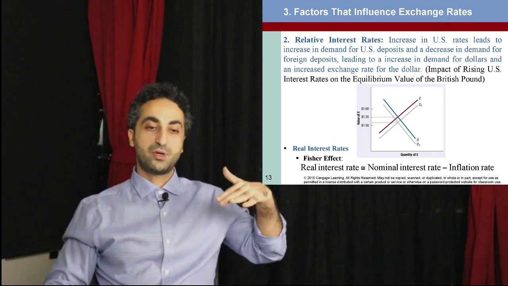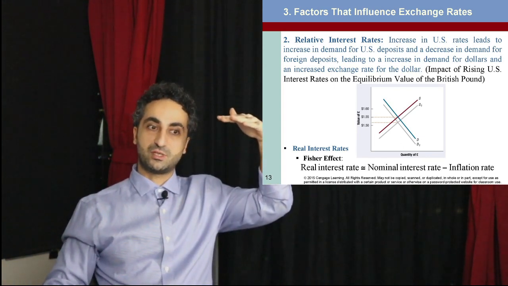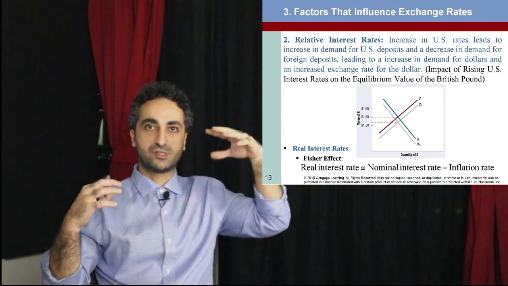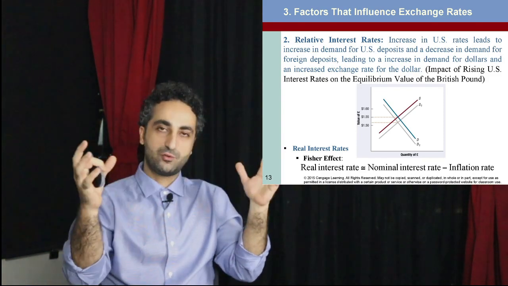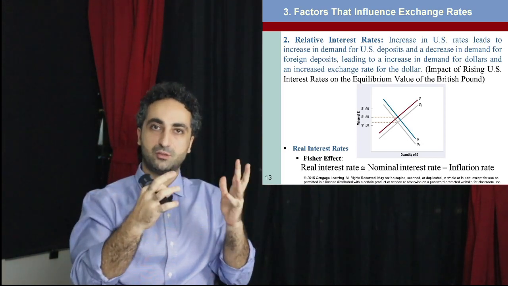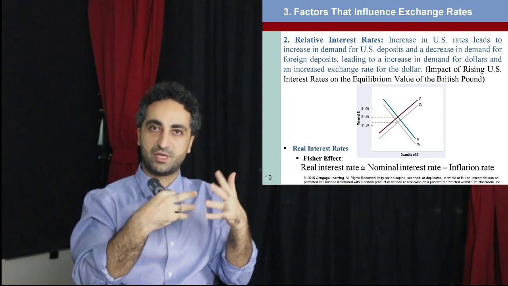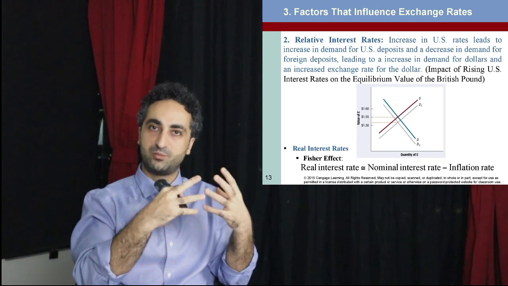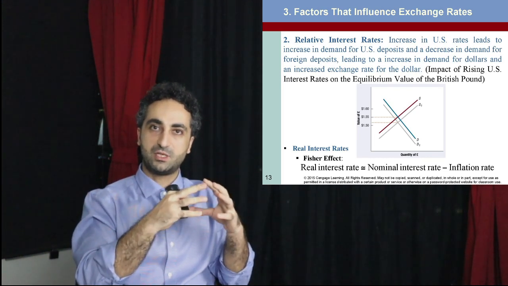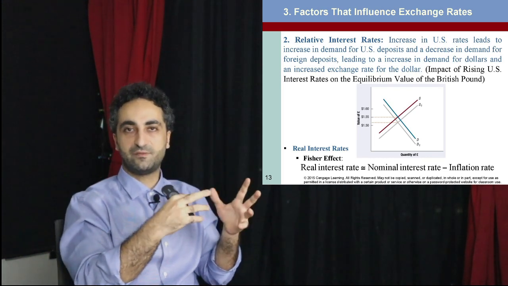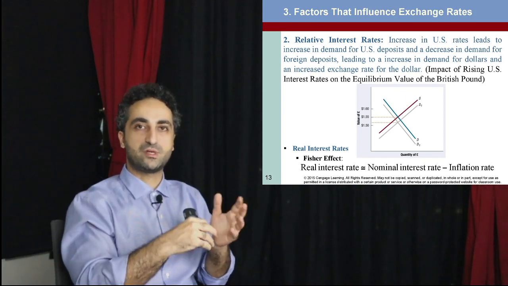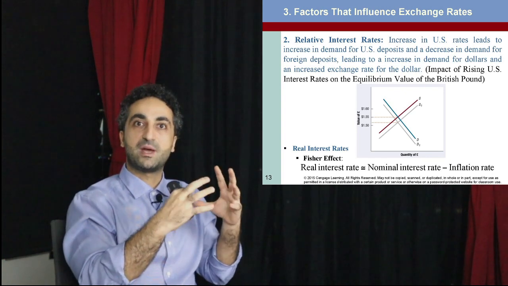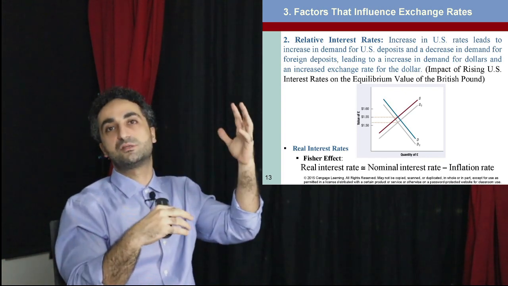So an increase in US rates leads to an increase in demand for US deposits. If the US increased the interest rate, all of you want to deposit in US banks to get high interest. However, to deposit in US banks, you need to deposit in USD. So first you need to buy USD. Exchange your Malaysian ringgits for USD first. So demand for USD increases.